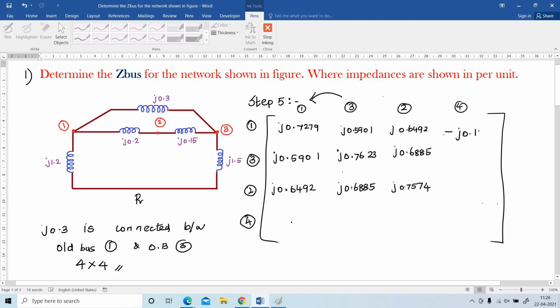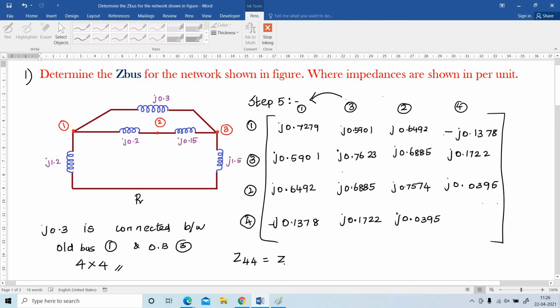Minus J 0.1378, J 0.1722, J 0.0395, J 0.1378, J 0.1722, J 0.0395. Next, find out the last element Z44.